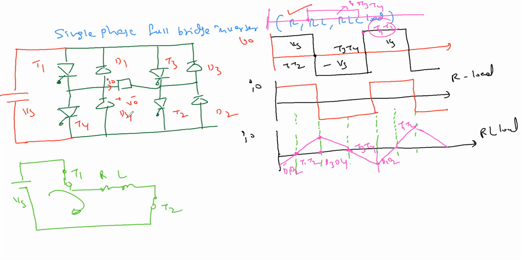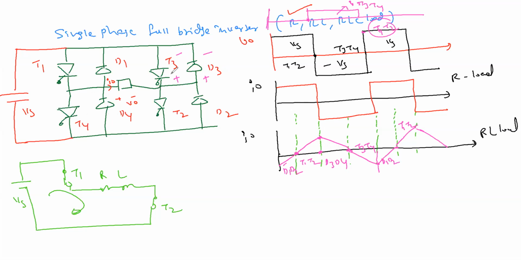Because D3 D4 were going into conduction. When this is conducting, plus here and minus here, there will be a voltage drop between them. The drop in the diode makes the SCR reverse biased.